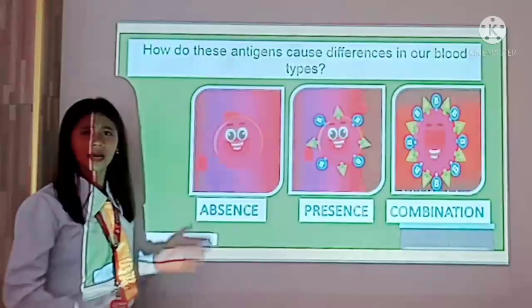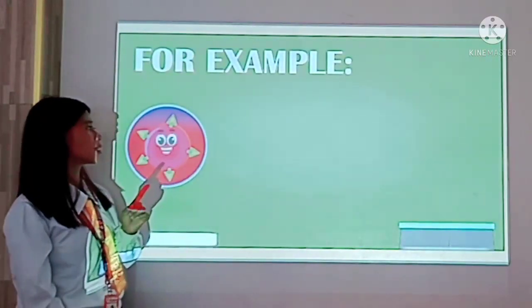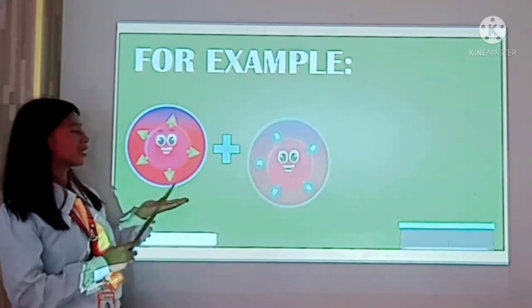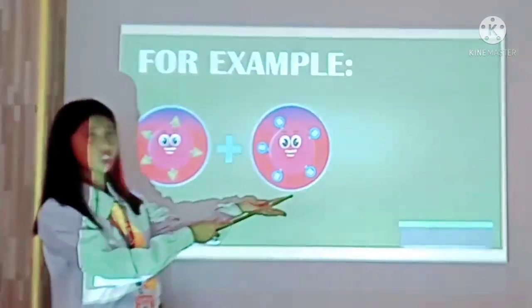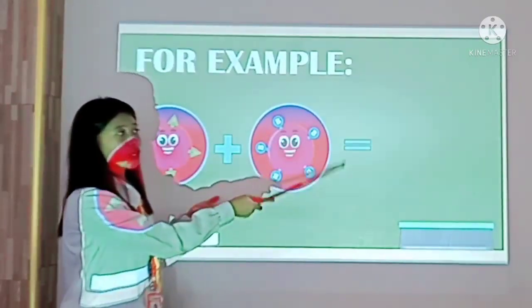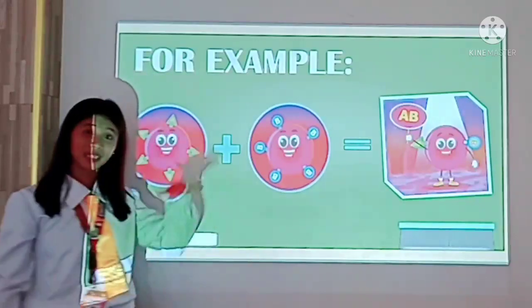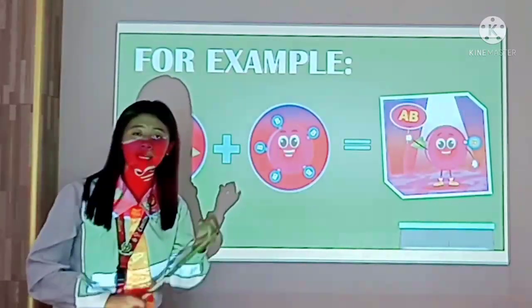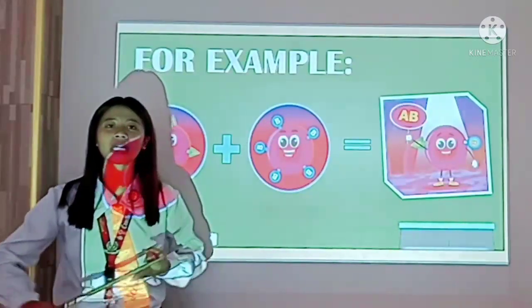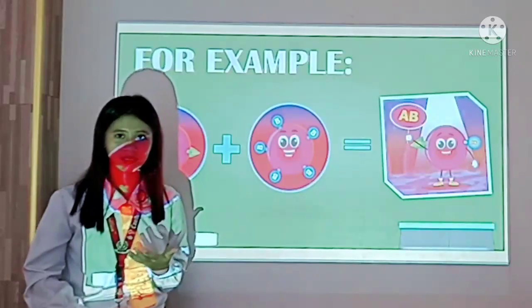Alright, for example, one example is, if you have an antigen A plus you also have an antigen B, of course, your blood type will be AB. Like what I said earlier, it is either presence, absence, or combination of those two antigens in our blood.